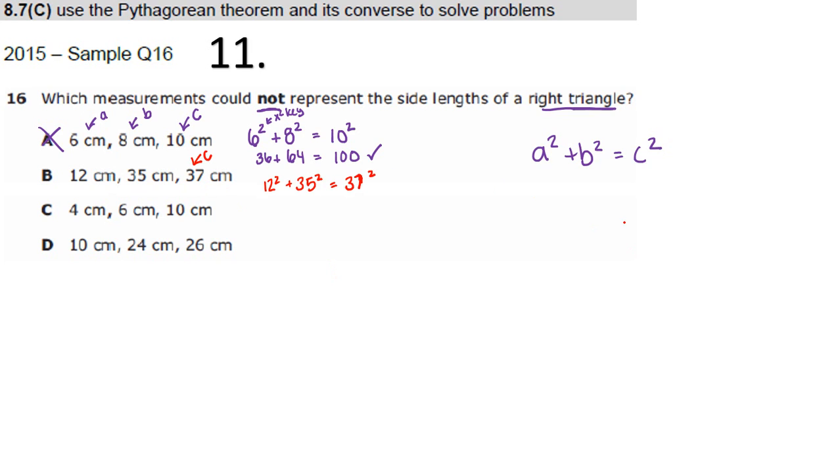Let's see if that works. 12 squared is 144. 35 squared is 1,225. If I add those together, I want to see if I get the same thing as 37 squared. And both of these are 1,369. Okay, so we've got to do the next question.